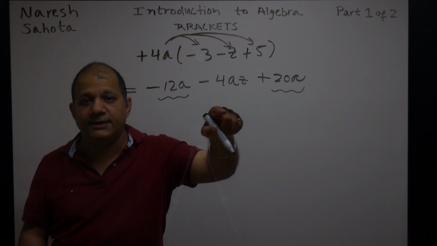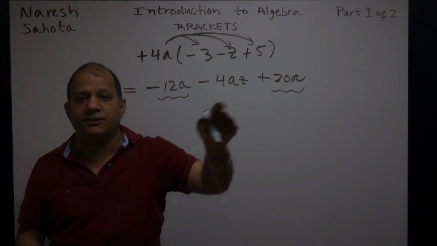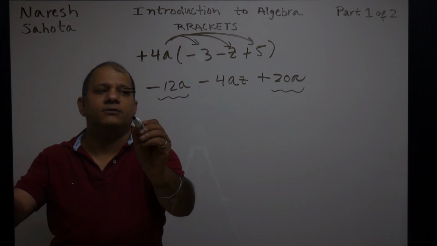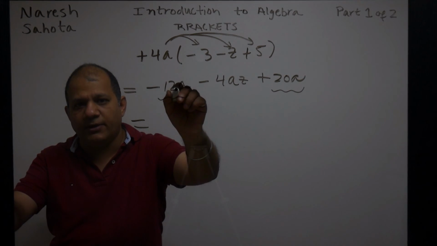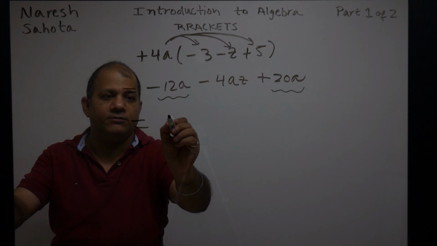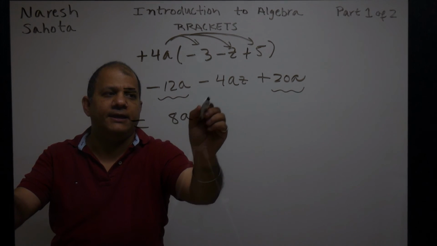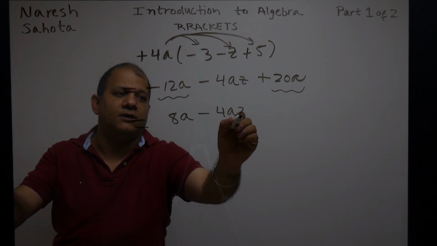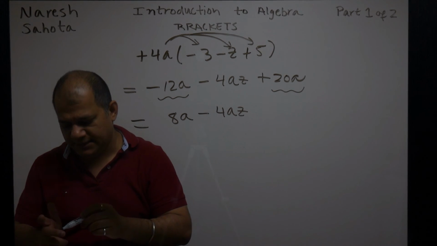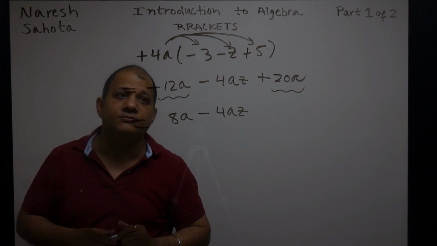It's a times z, so it's not the same as the other variables. So let's collect. 20a take away 12a: 20 take away 12 is 8. So we have 8a, and then this term gets copied because it's not alike. So that's the answer to this question.